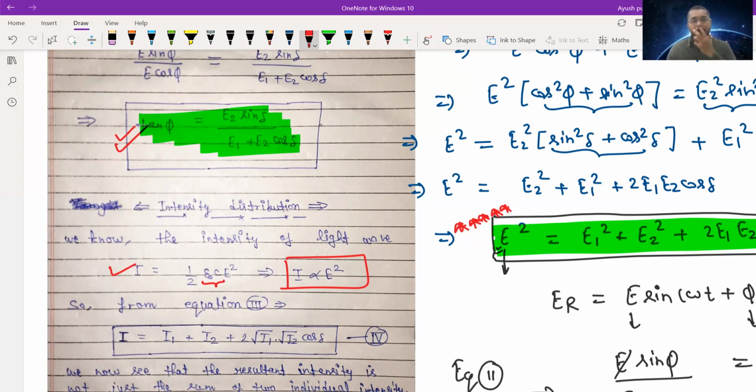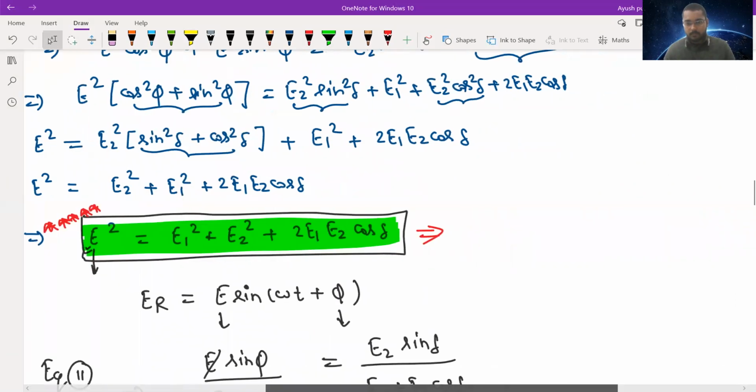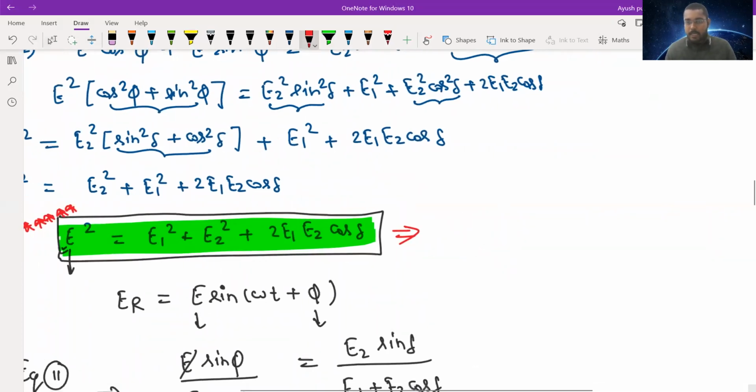If the intensity is proportional to the square of the amplitude, now let's see how we can write the resultant amplitude equation in terms of the intensity. If I is proportional to E square, I can write I in place of E square, I1 in place of E1 square, and I2 in place of E2 square.